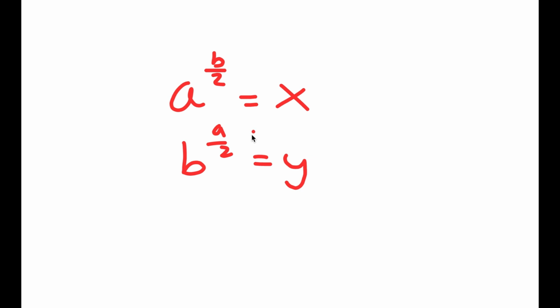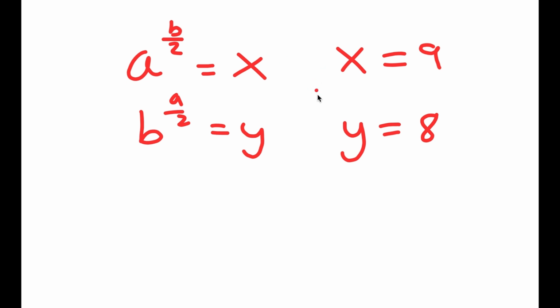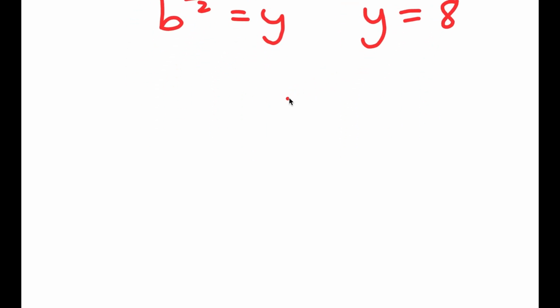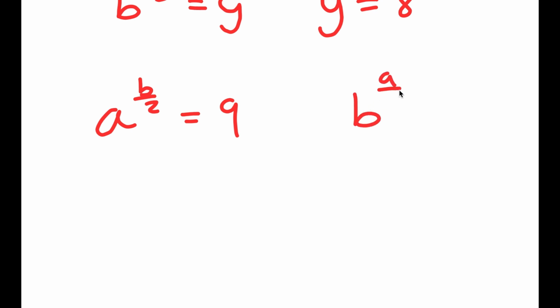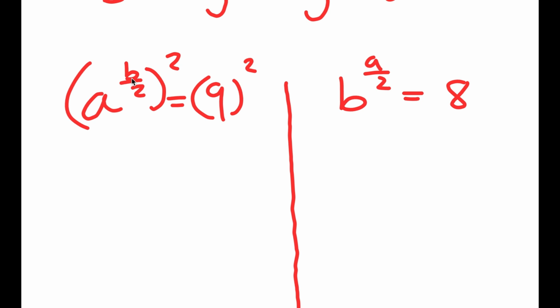Now, we have y is equal to 8 and x is equal to 9. So I'm going to plug in these values into these respective equations. So now I have a to the power of b over 2 is equal to 9, and b to the power of a over 2 is equal to 8. Now from here, I'm going to square both sides. I'm going to first focus on the equation on my left-hand side.